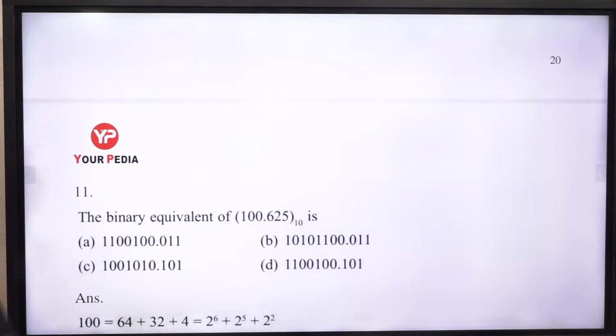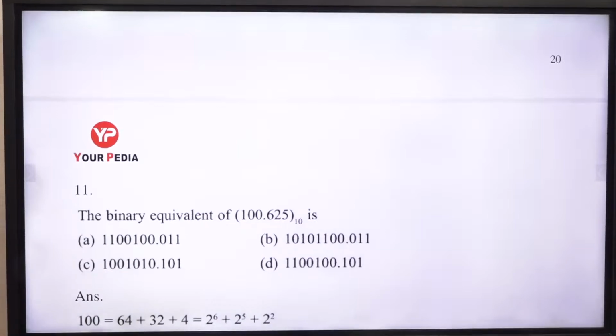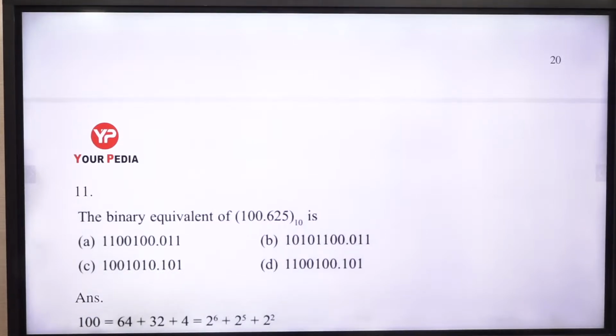Please convert it fast. Okay, so done. What is the answer here?